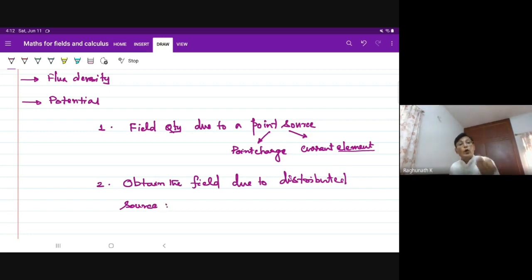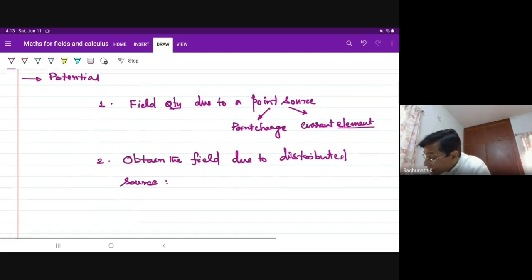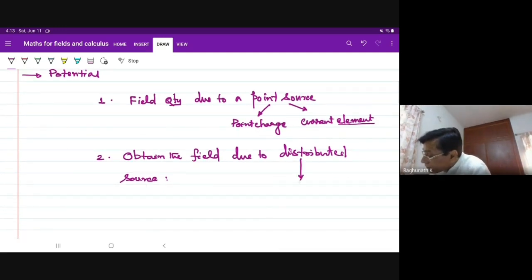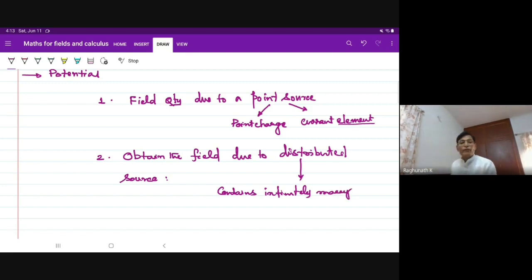When we say that the source is distributed, this distributed source always contains uncountably infinitely many point sources. Point source is infinitesimally small source.